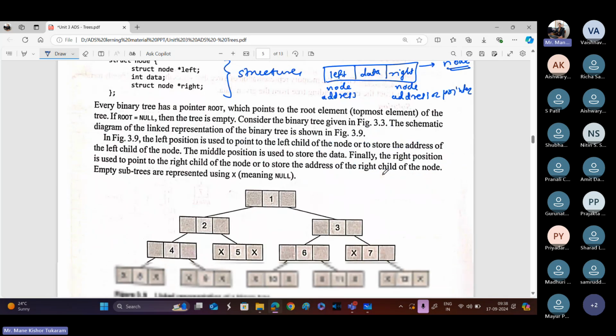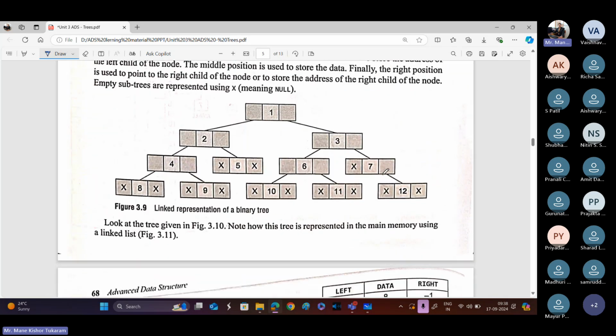So here is the representation. Each node has a left and right, again left, right, left, right. Here there is no left or right, that's why a cross is given.